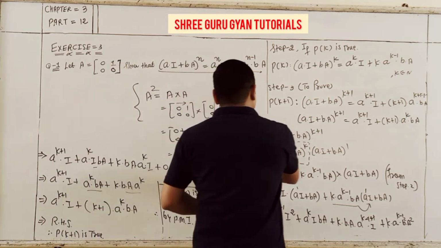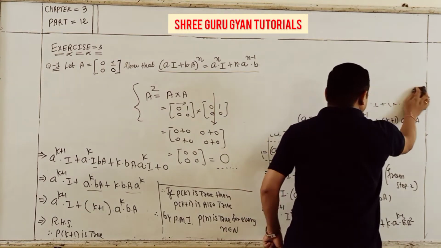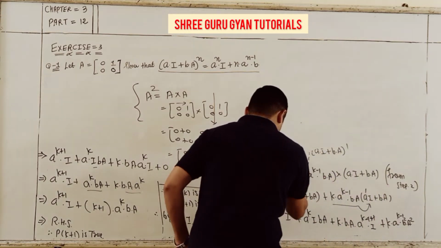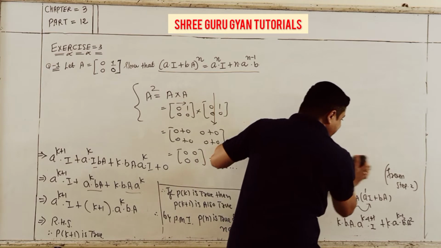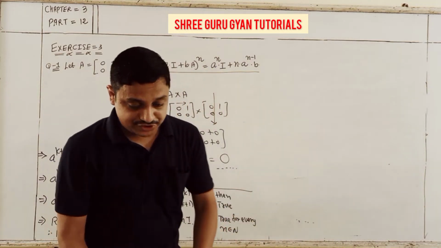Now I will go to the second question, that also I will prove by the PMI property. Very interesting numericals, first, second and third, are proved by the PMI process.